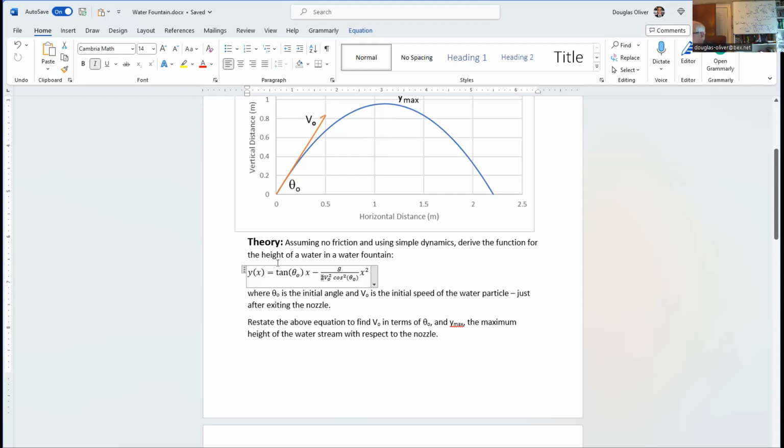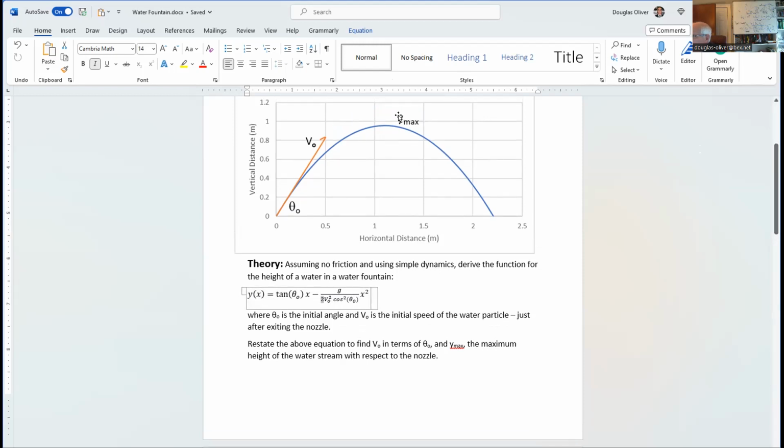And we can get an equation which will allow us to find the location of y max. That is, what's the x value when y max is? We'll plug it back into this equation and we'll solve for y max in terms of initial angle, and in terms of initial speed.